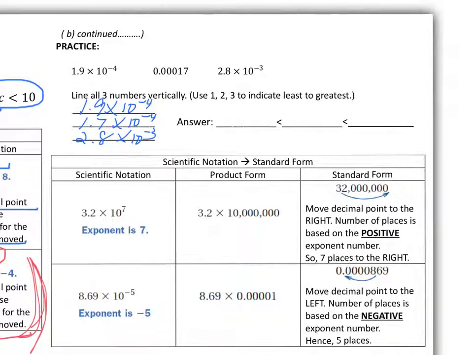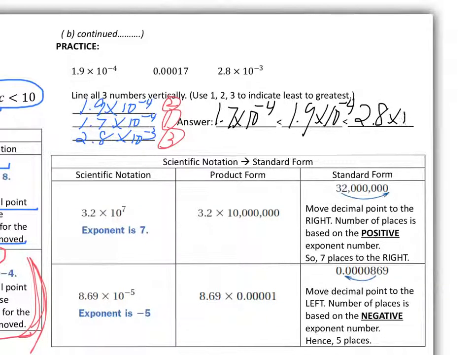So it seems like the smallest one would be this one, and then the first one, and then the third one. Okay, and the smallest one, 1.7 times 10 to the negative 4th power, and the second biggest would be 1.9 times 10 to the negative 4th power, and then we got our biggest one.